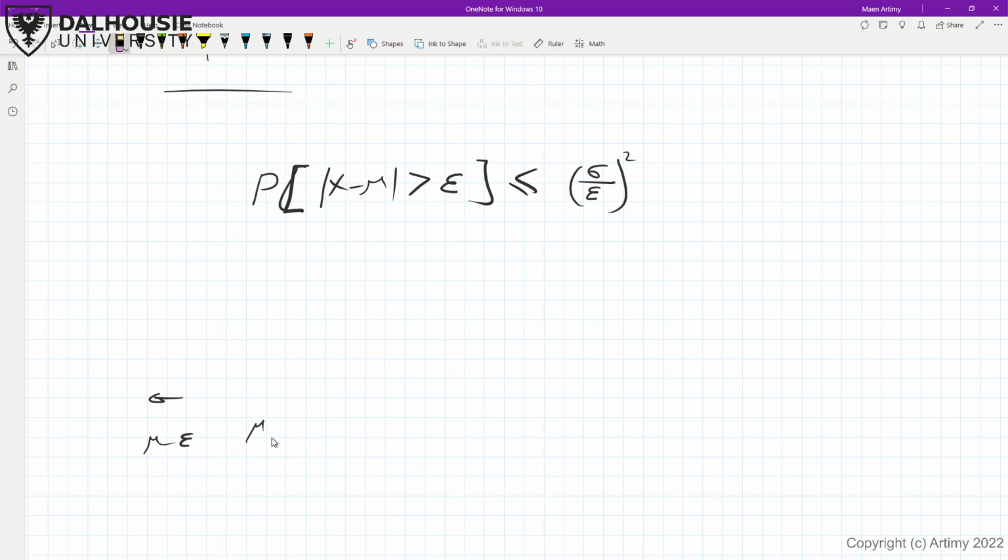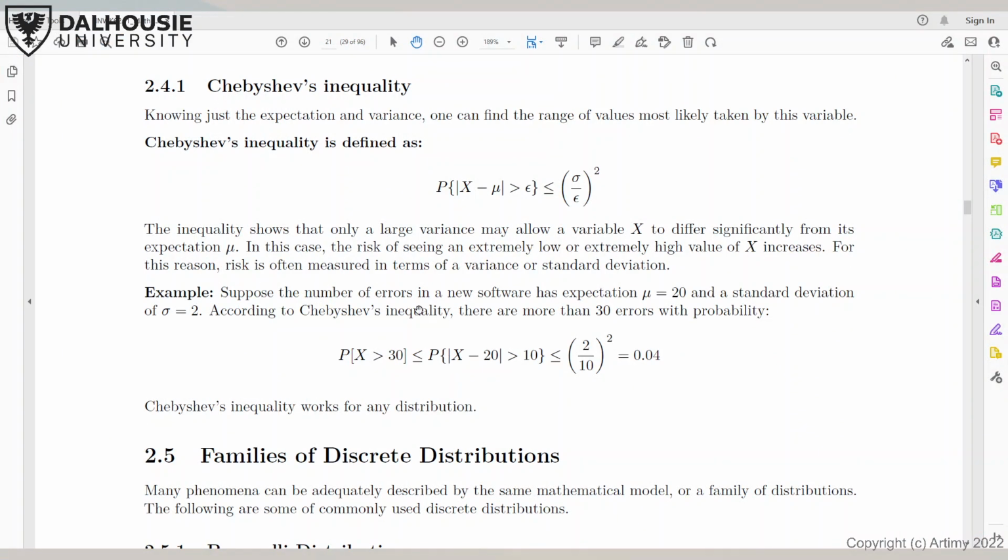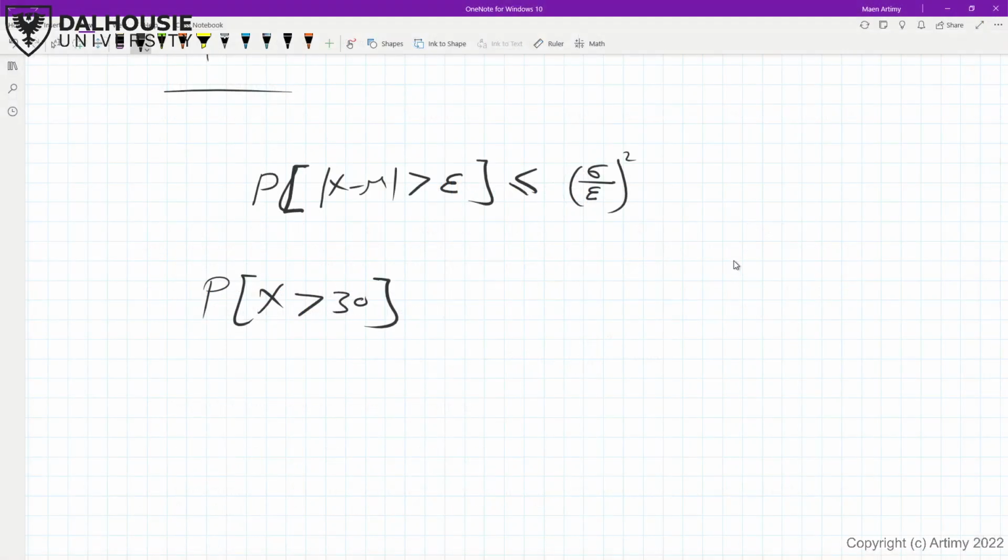So let's go back to the question here. It says, what is the probability that the errors exceed 30? We want to find the probability of errors exceeding 30. We have mu of 20 and sigma of 2.